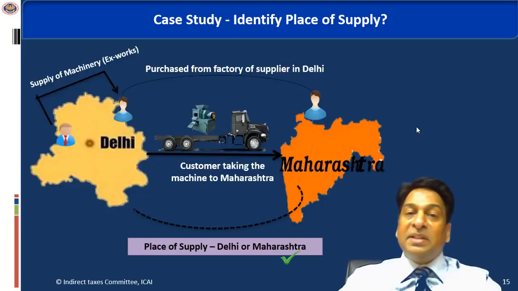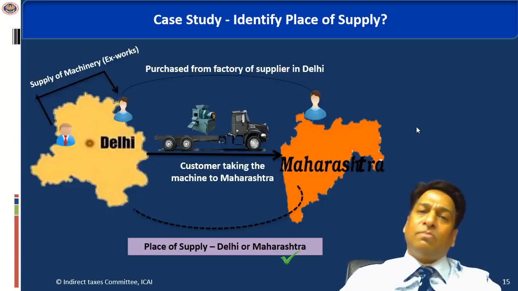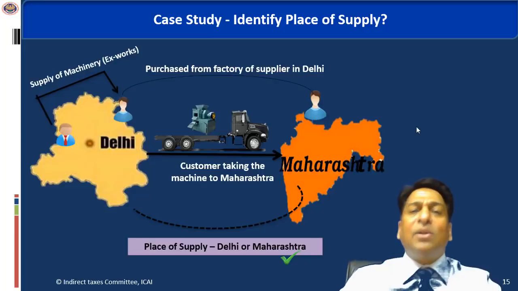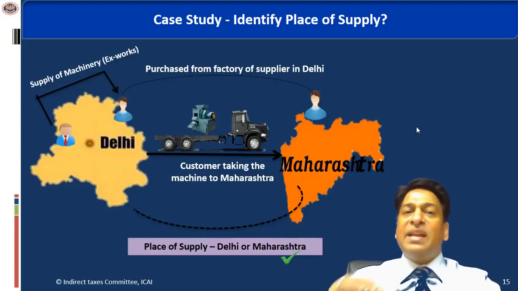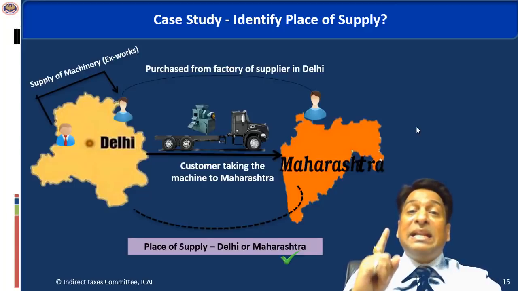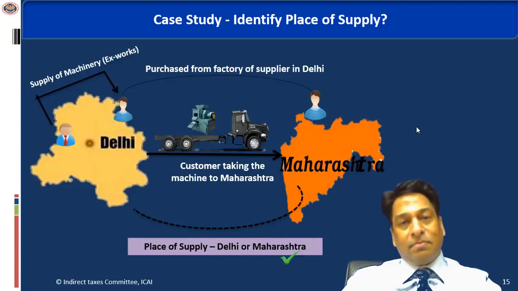I know this point is debated a lot. Since July 1, 2017, we all are discussing and we are debating also. To my mind, this transaction would be an interstate supply. IGST should have been charged.